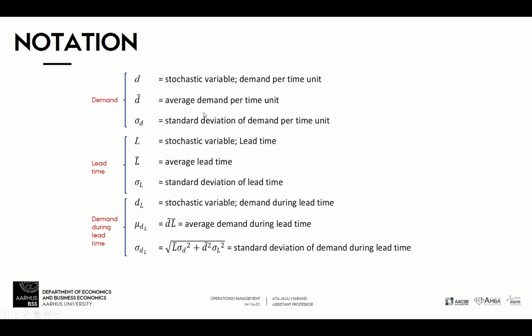The important point in these formulas is that the time unit that is used for D, the demand per time unit, should be consistent with the time unit used for L. In other words, if you are working with the demand per year, then you need also to convert your lead time to years.